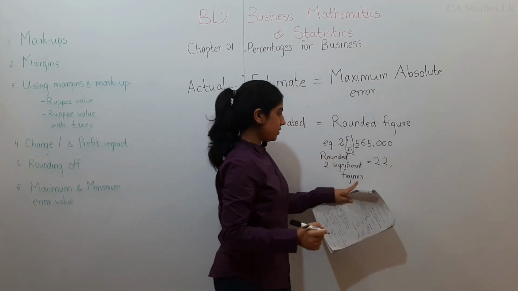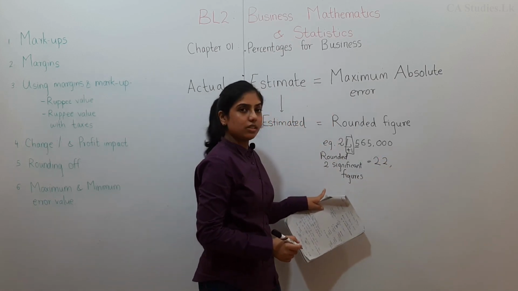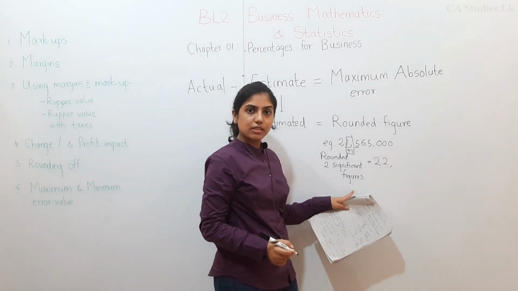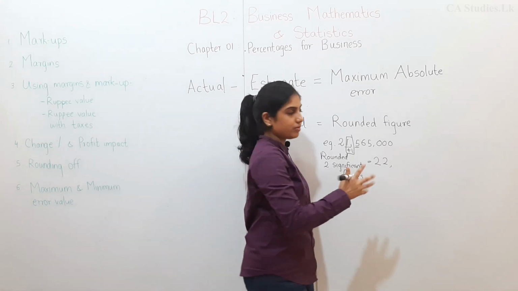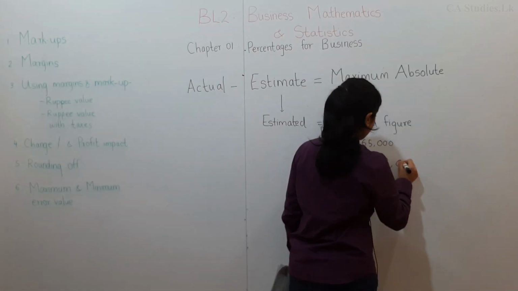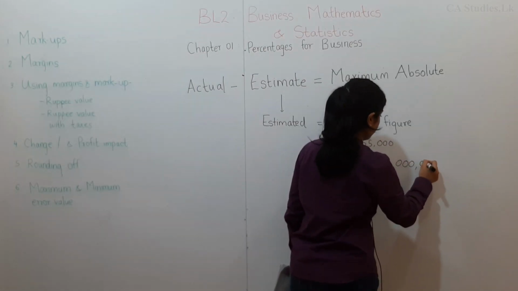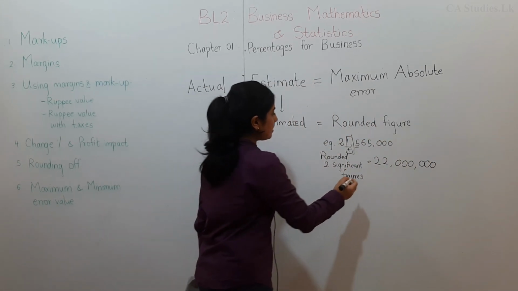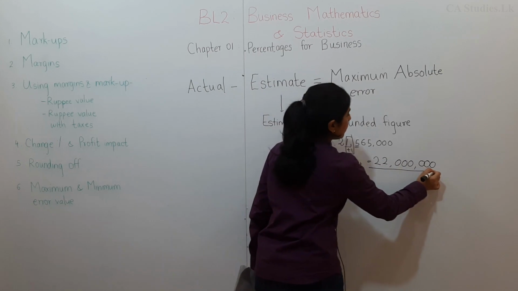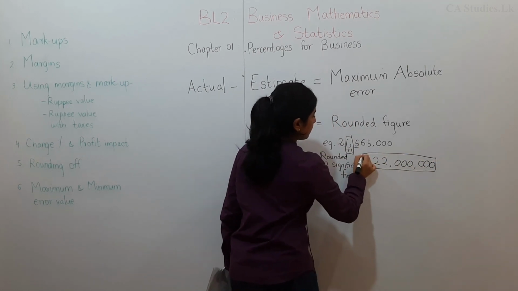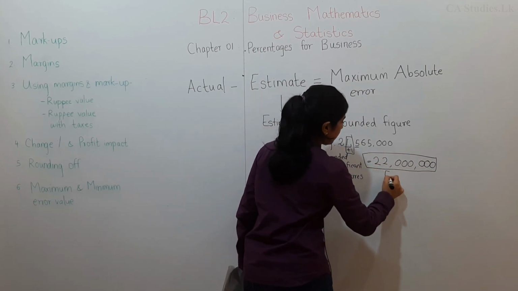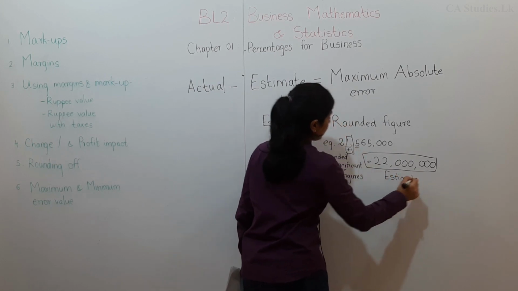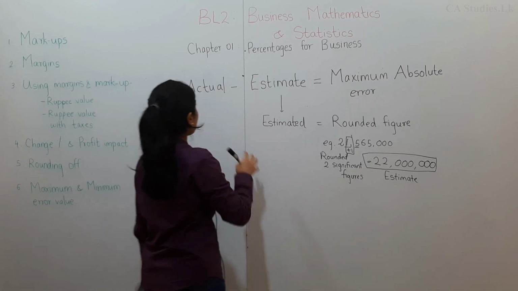We are giving only 2 significant figures, balance zeros. So this is your estimate, the rounded figure.